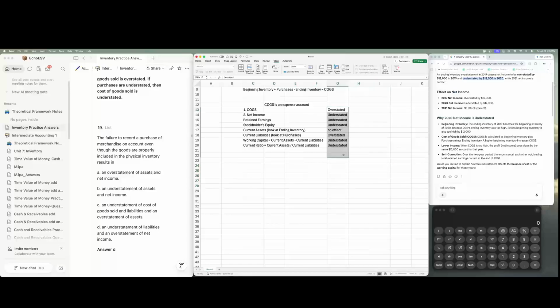The only thing you guys could do is memorize this: the failure to record a purchase of merchandise on account, even though the goods are properly included in the physical inventory, as in the ending inventory. So the correct amount would be, let's say, 100,000 in inventory plus 50,000 purchases minus 50,000 ending inventory.